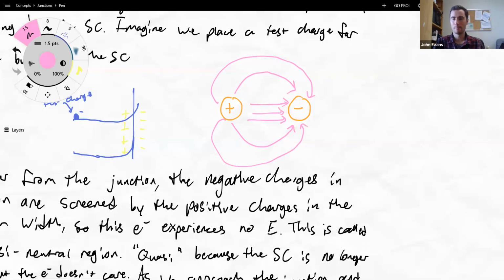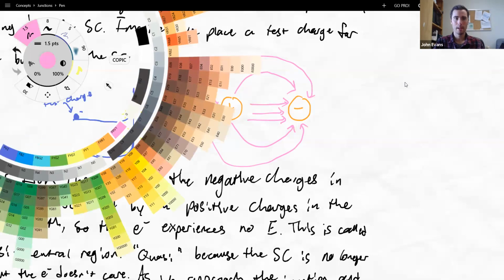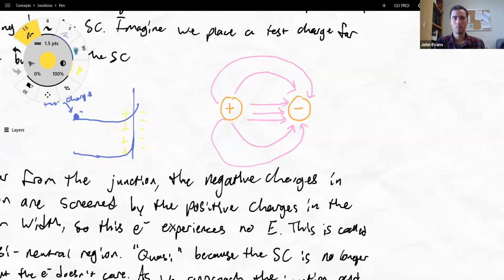Sort of like this, right? So if you imagine putting our test charge way over here, it's not really going to feel any of this, right? That's all very close to where these charges are. If you're far enough away, the electric field that you feel is essentially nothing.